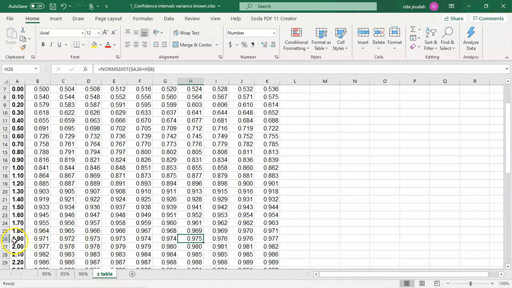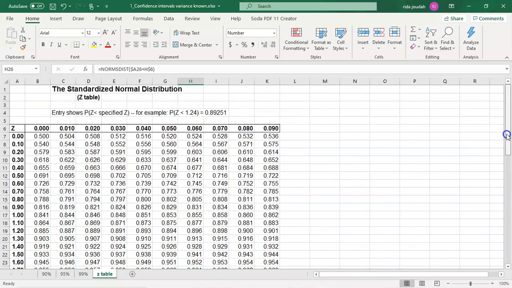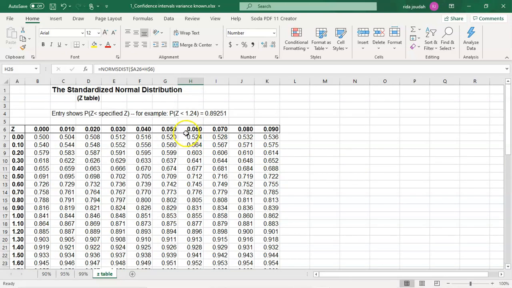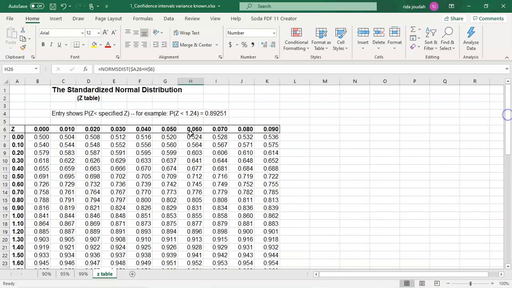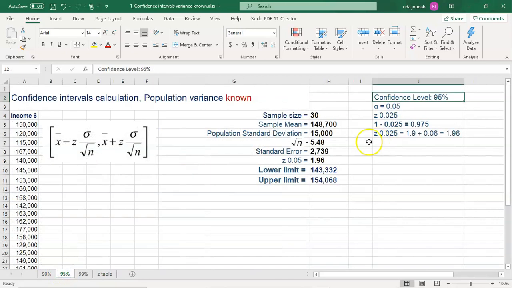We'll take this value, and if we look up, we will see the value here is 0.060. So Z value here equal 1.90 plus 0.060. So that's how we find Z value. Go back to 95%, Z 0.025 equal 1.9 plus 0.06, which equal to 1.96.